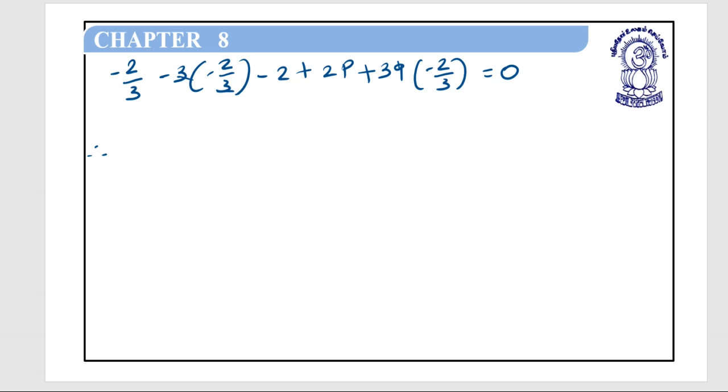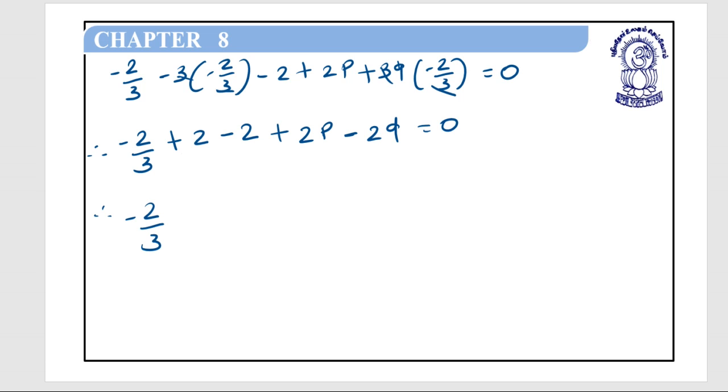So 3, 3 cancel, minus 2 by 3 plus 2 minus 2 plus 2p, 3, 3 cancel, minus 2q is equal to 0. So minus 2 by 3 plus 2 minus 2 cancel, plus 2p minus 2q is equal to 0.